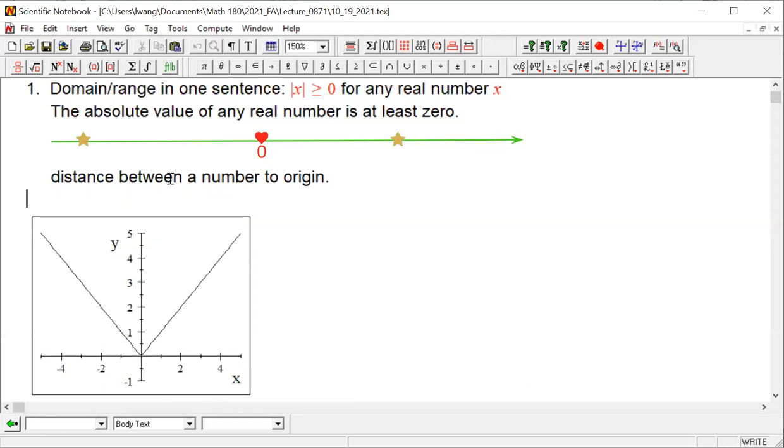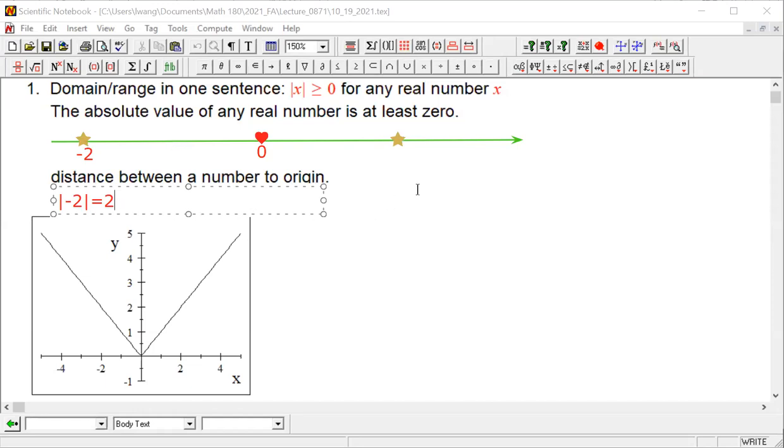For example, the distance between -2 and 0. Suppose this point is -2. From -2 to 0, how many units are there? There are 2 units. So the absolute value of -2 is 2. We do not care about the direction. We just care about how far apart these two places are, and from -2 to 0, there are 2 units.